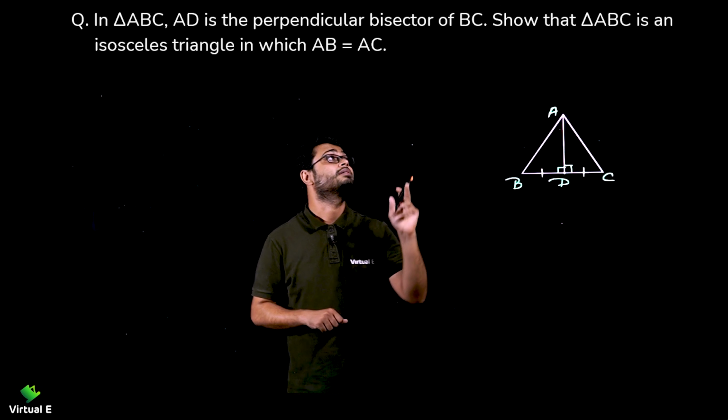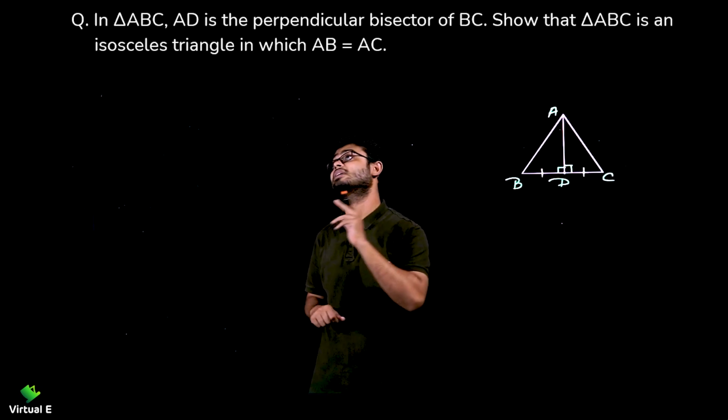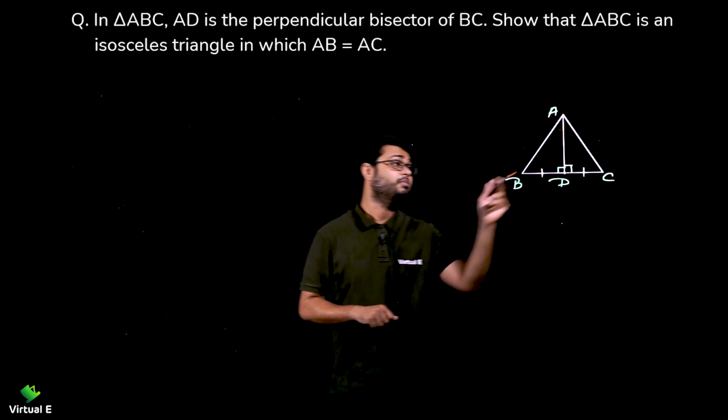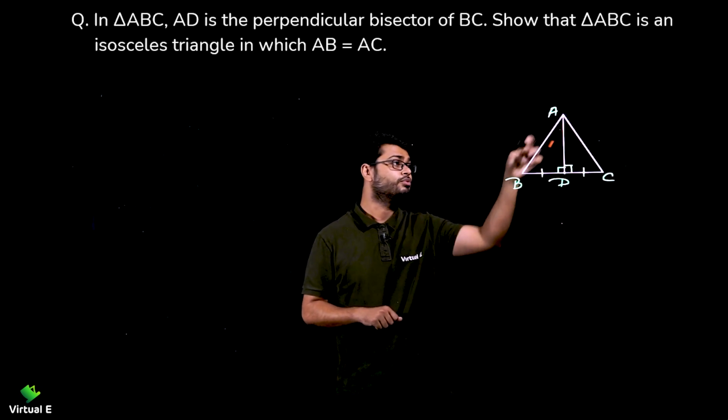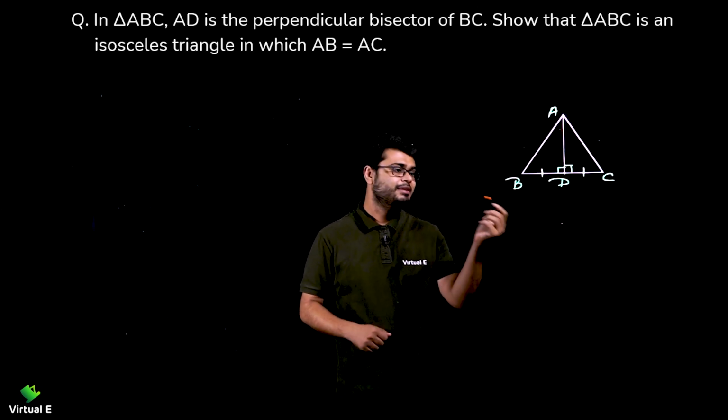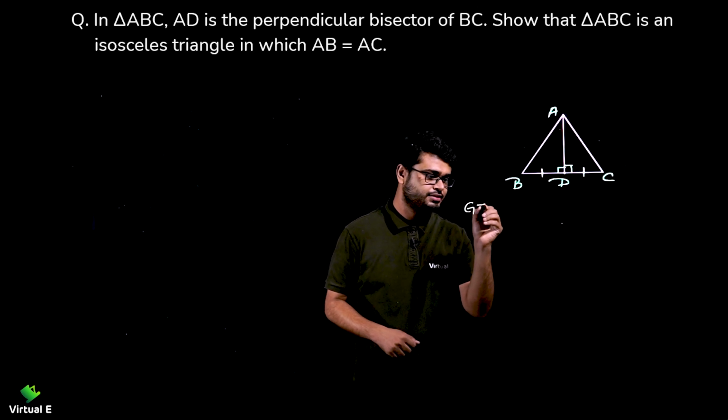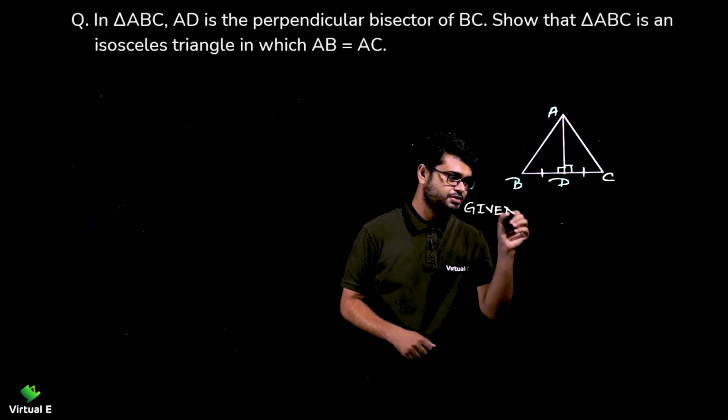Next, show that triangle ABC is an isosceles triangle in which AB is equal to AC. We need to prove AB is equal to AC. Let's mention the given conditions here. So let's write given conditions.